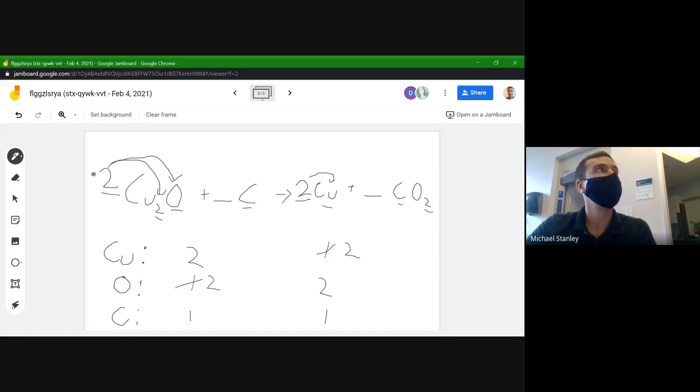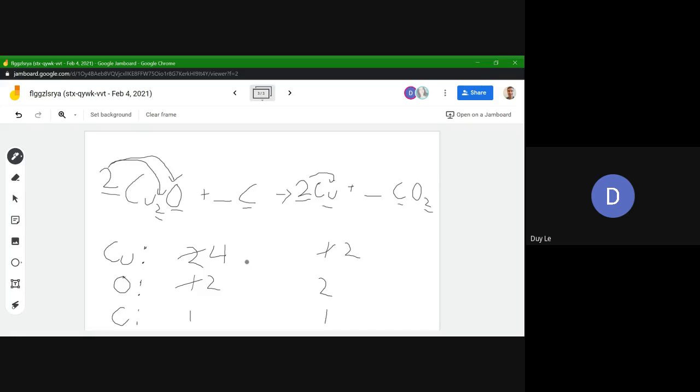When we have a coefficient and a subscript, we've got to multiply. So 2 times 2 gives us 4 Cus on the reactant side. So we balanced our O's, good, but now our Cus are unbalanced, not equal.